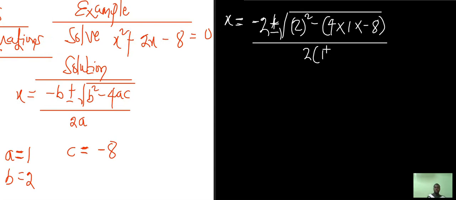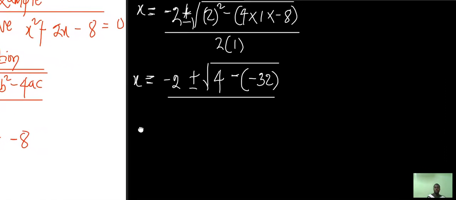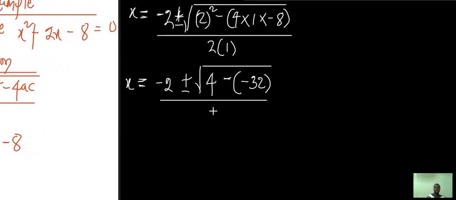Then a is 1. So x equals negative 2 plus or minus square root of 2 squared is 4 minus negative 32, divided by 2a, 2 times 1, that's 2.